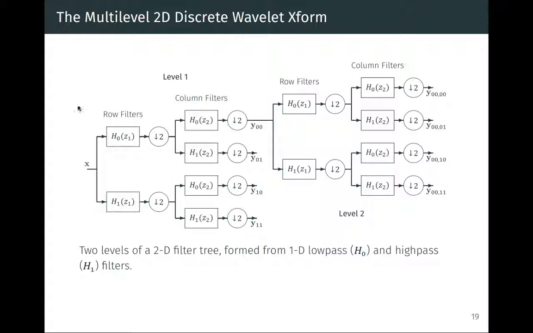On this part here, you have the level 1. The first pass here is for the row filters, and then the column filters. And then you have the 4 outputs from your first level. And then you look at the low pass, which is your Y00 here. And then you apply again the same transform on that. All right, so it's just diagrams expressing all that.